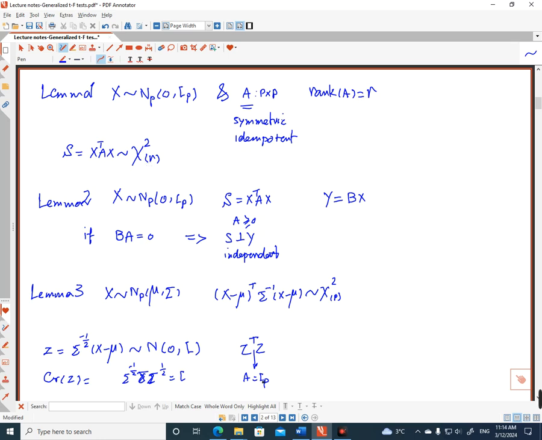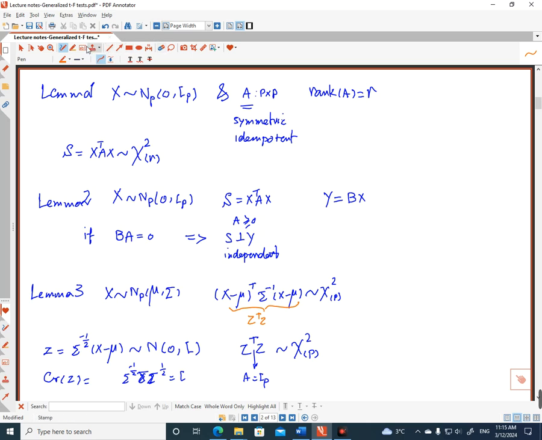However, here A is I_p, and the rank is equal to p, so we have p independent columns. So this quadratic form has a chi-square distribution with p degrees of freedom. And interestingly, you can write this expression as z prime z. So on one hand, I proved lemma 3 based on lemma 1, and we are going to use lemma 3 and lemma 2 in our derivations.